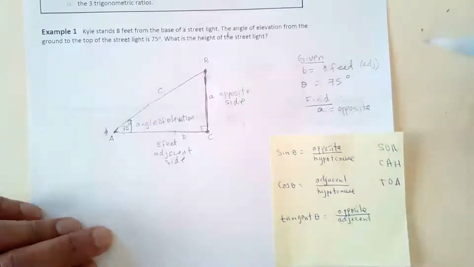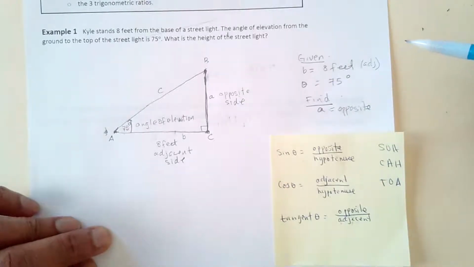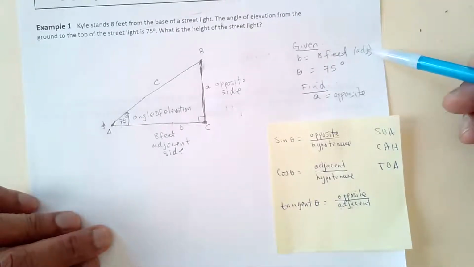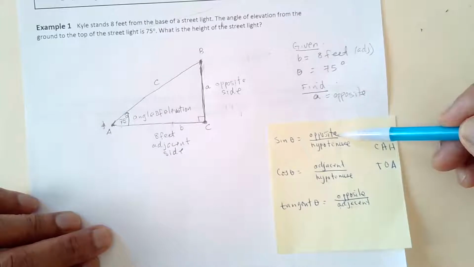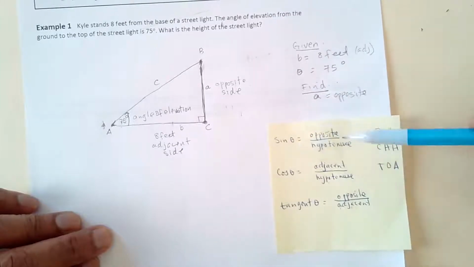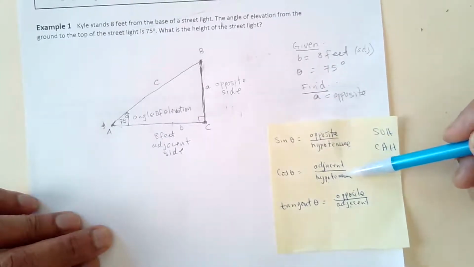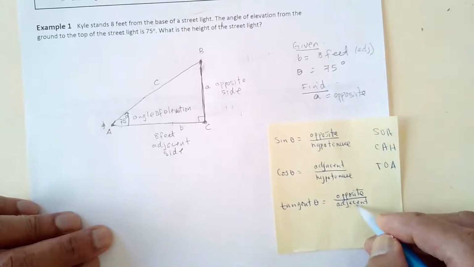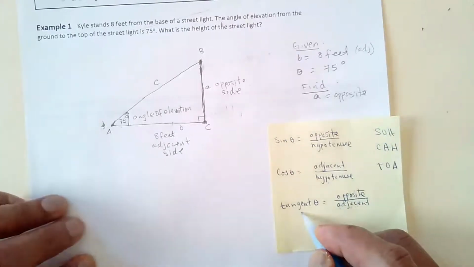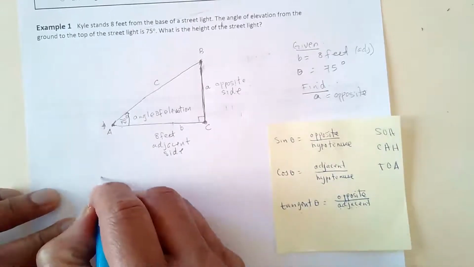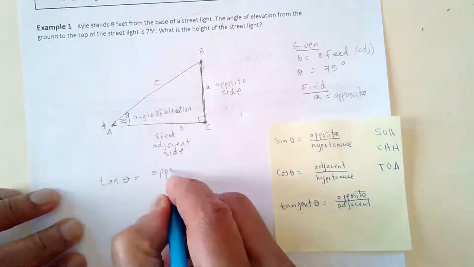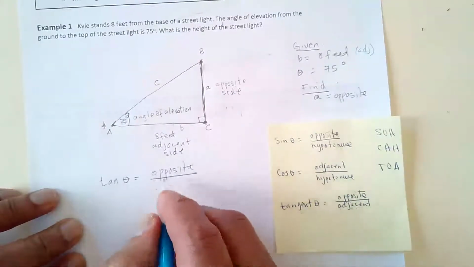I go to my trig ratios and find where there's a match of adjacent and opposite. Opposite and hypotenuse, so sine will not work. Adjacent and hypotenuse, cosine, no, that will not work. What works is the opposite and adjacent, so it is tangent. So we'll use this ratio here. So we say tangent theta is opposite over adjacent.